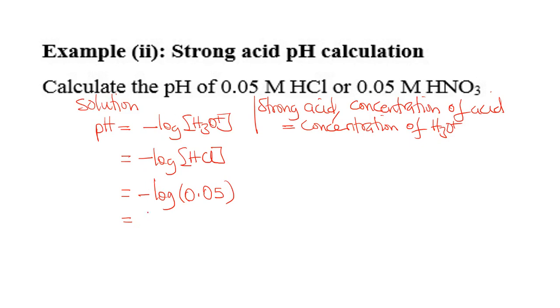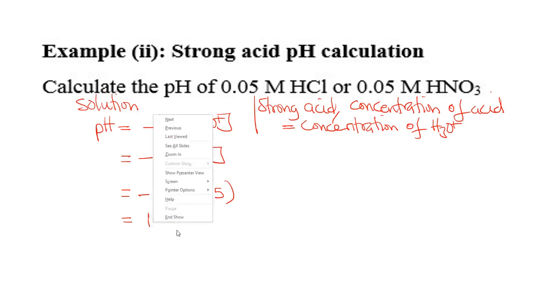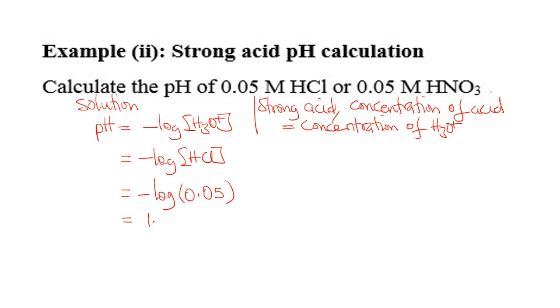And the answer is 1.30. So this strong acid has a pH of 1.30.